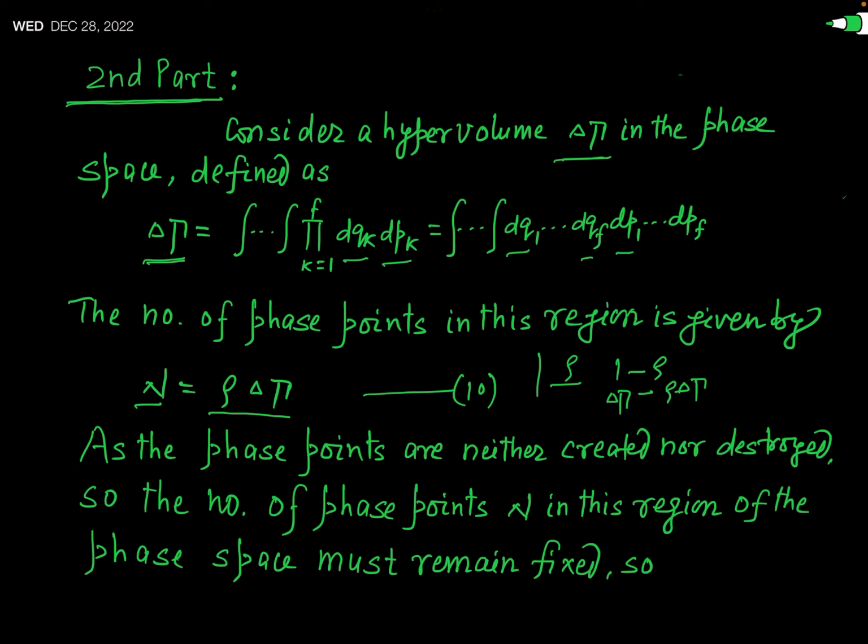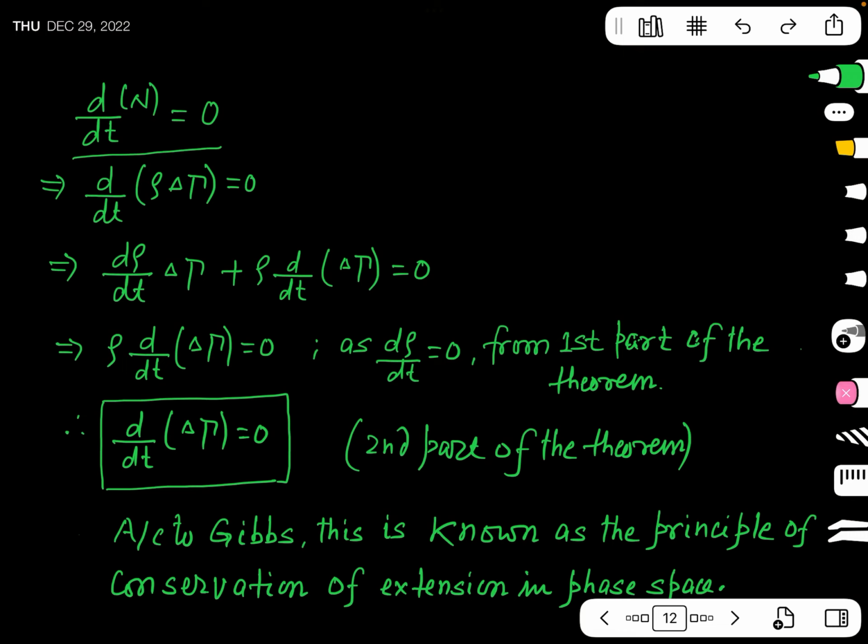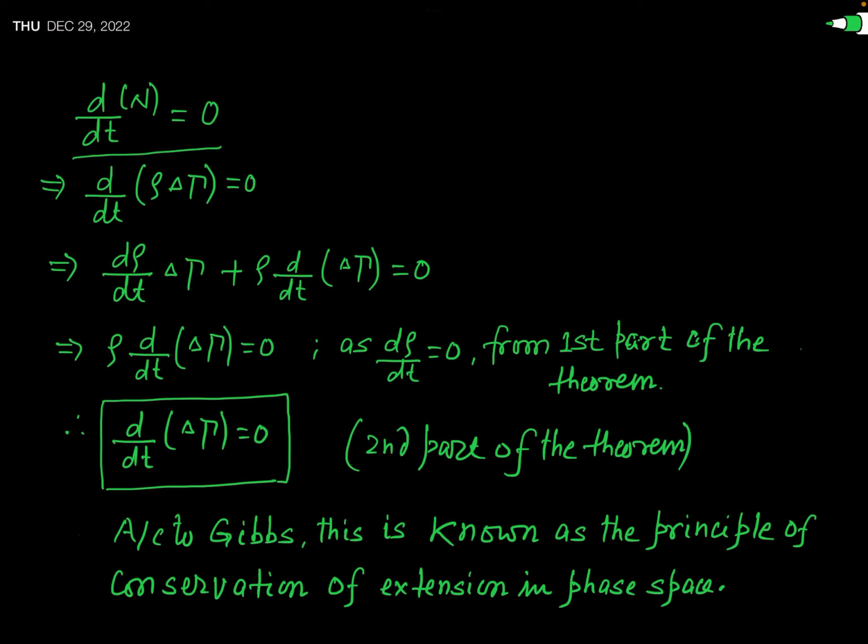If it remains conserved, then mathematically, as n remains conserved, dn by dt will be equal to 0. So I have written here d/dt of n equals 0.